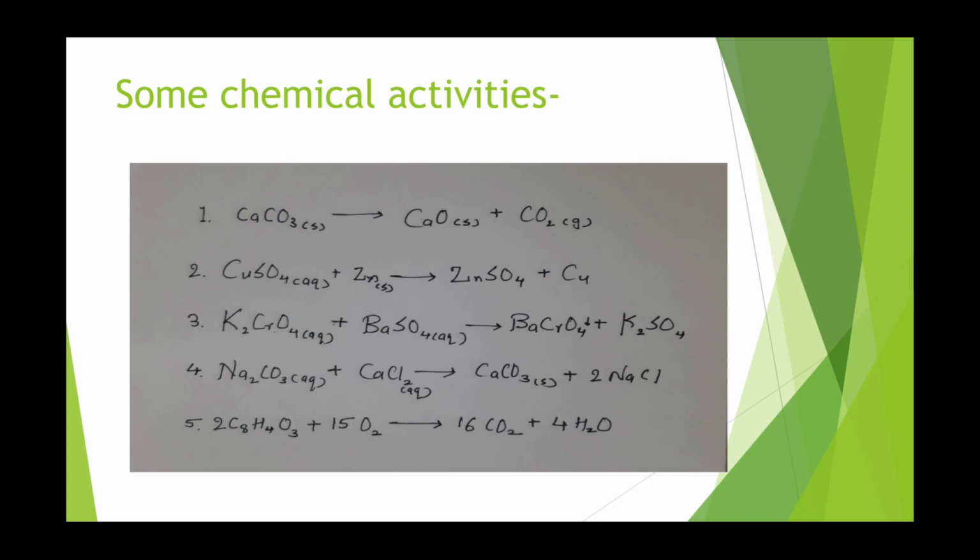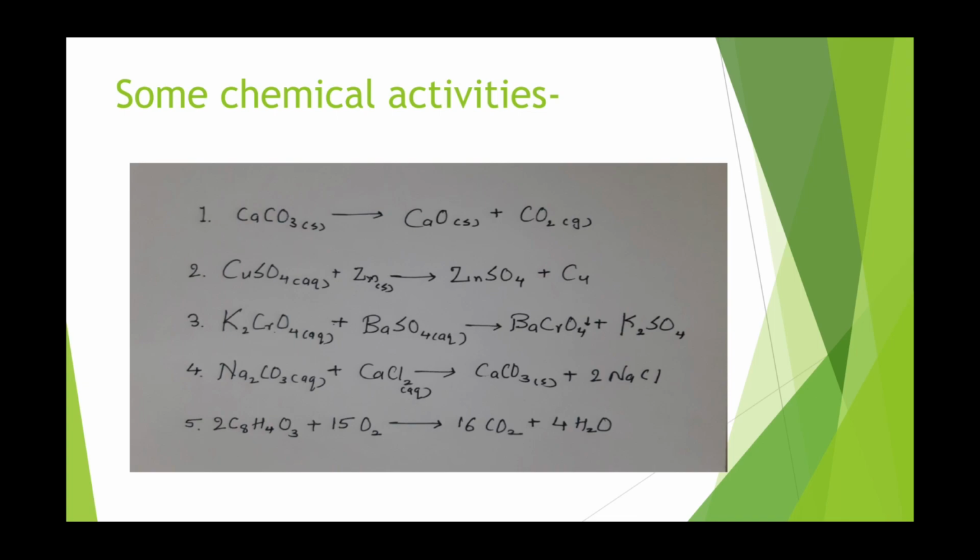Hence, it displaces copper from copper sulfate solution and zinc sulfate is formed. The chemical reaction is represented here: CuSO4 aqueous, that is in solution form, plus zinc powder which is solid, gives ZnSO4 plus Cu.